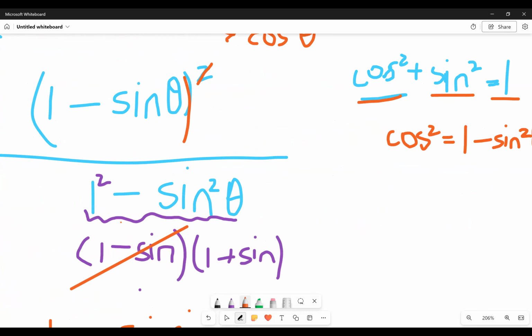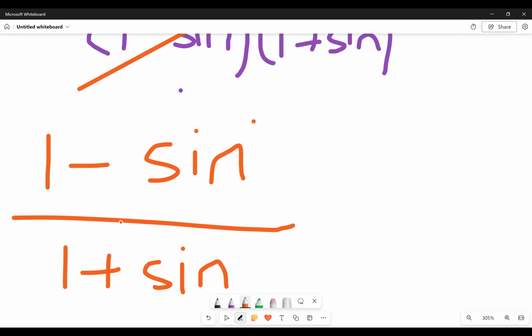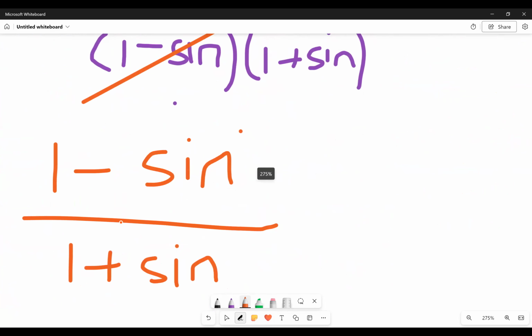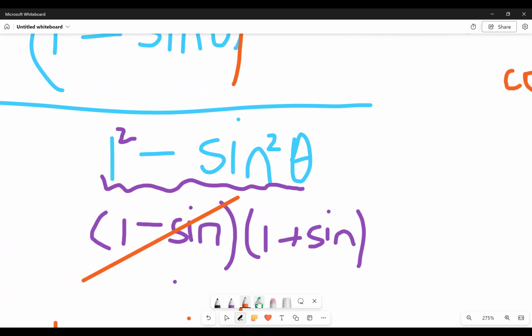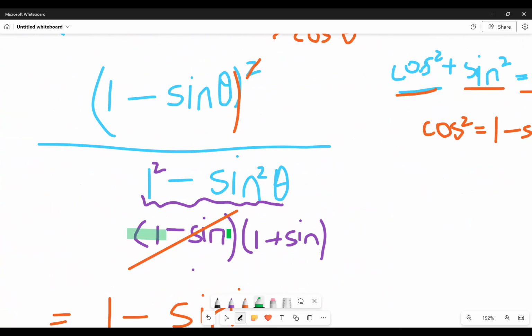We then realize that this denominator is the difference of two squares. So we turn the 1 minus sine squared into 1 minus sine and 1 plus sine. Now we can realize that one of the values in the denominator, this one, can cancel one of the numerator.